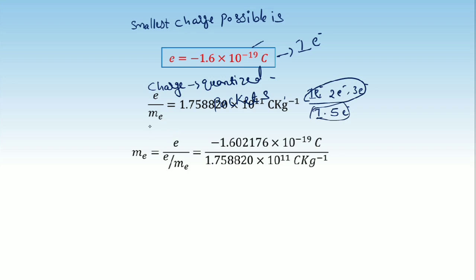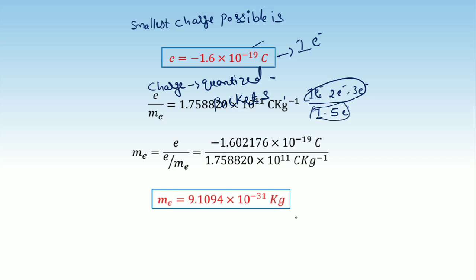He took Thomson's e/m ratio value and divided it into the charge of one electron: 1.602 × 10^-19 divided by the e/m ratio of 1.75 × 10^11. After calculating this, the mass of an electron is 9.1094 × 10^-31 kg. So this is how the Millikan oil drop experiment was done.